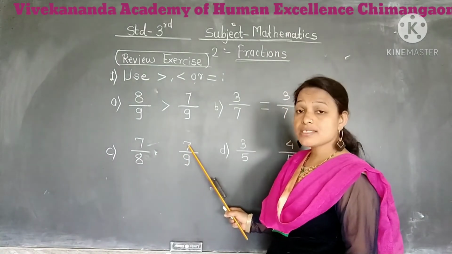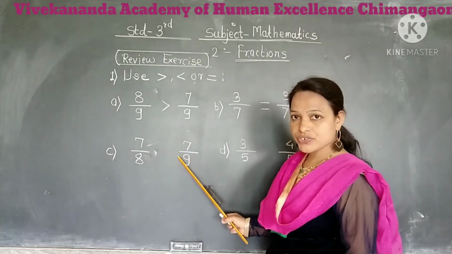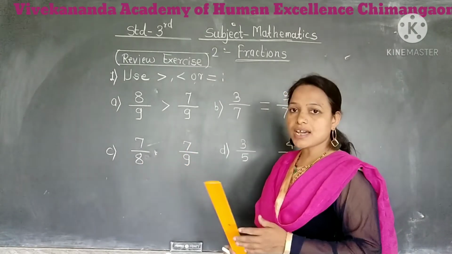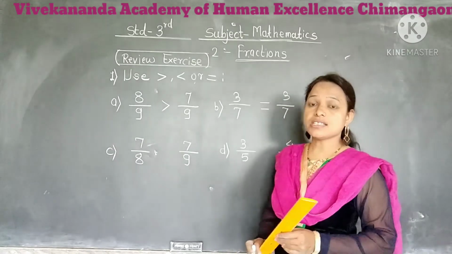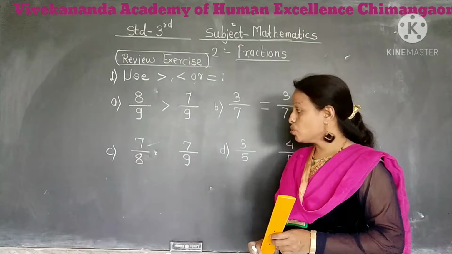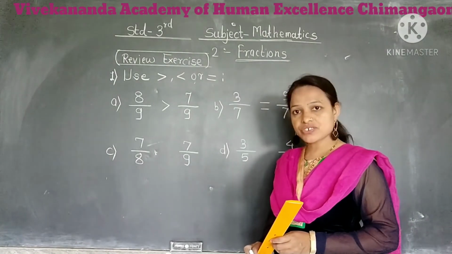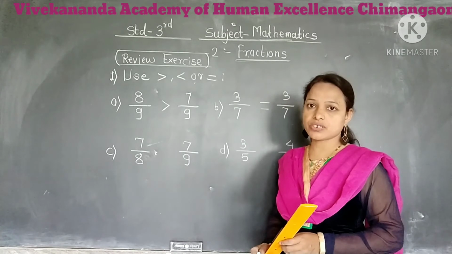Means numerators are the same. Though they are unlike fractions, here the numerators are the same. So in that case, we have to check their denominators. Whose denominator is small, that fraction is the greater fraction.